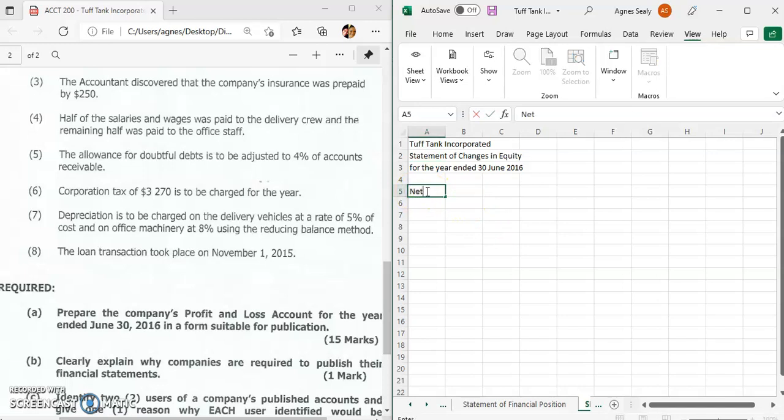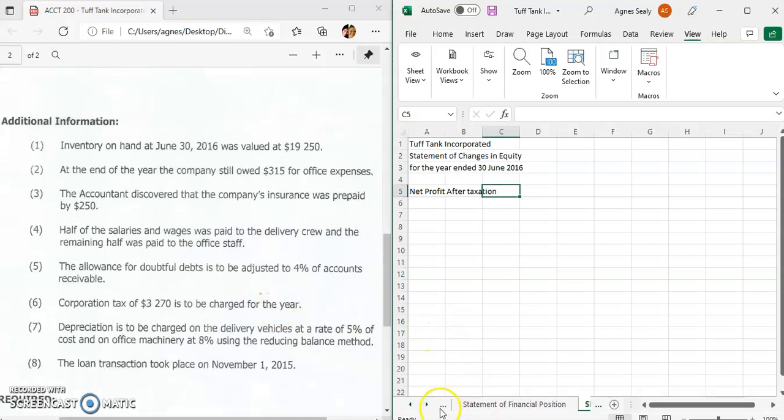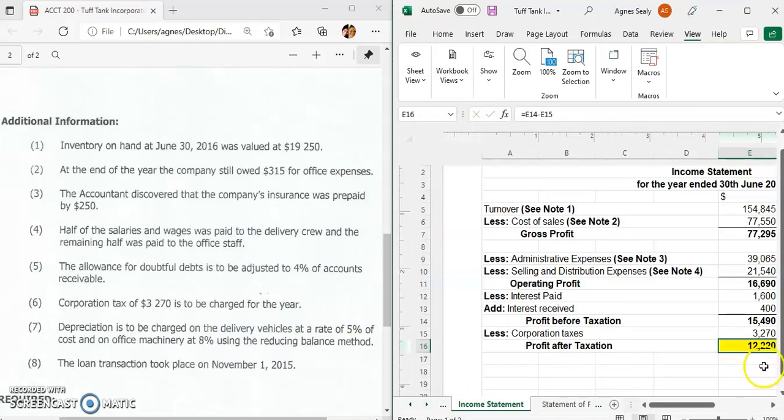You will start with, as I said, your net profit after taxation, because we would have already done our taxes. That net profit would be what we calculated in our income statement, which is $12,220.